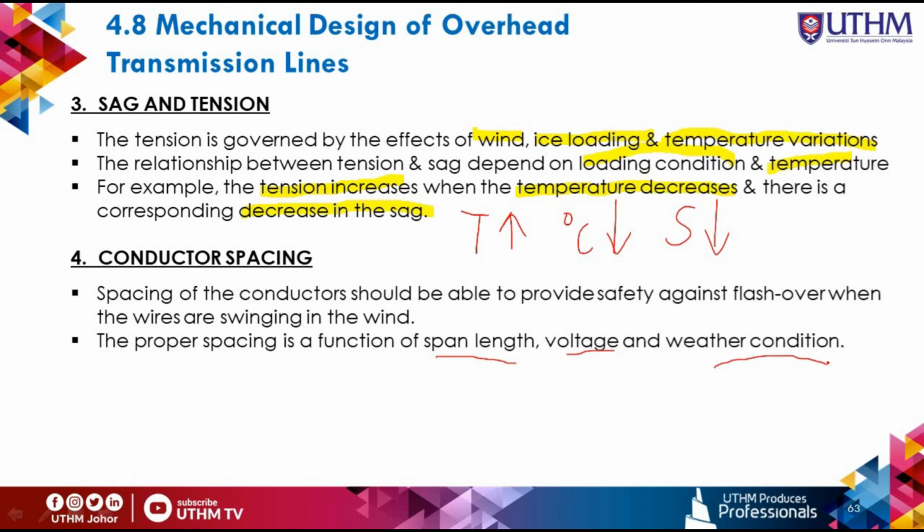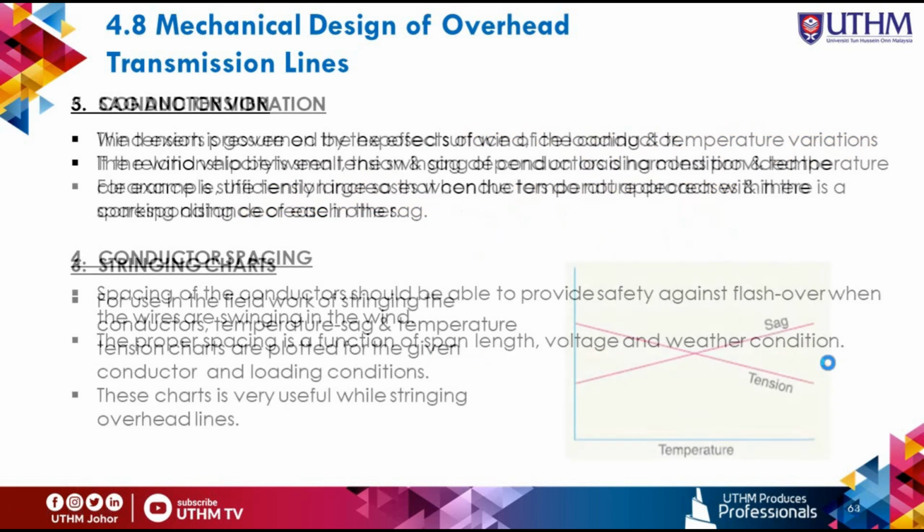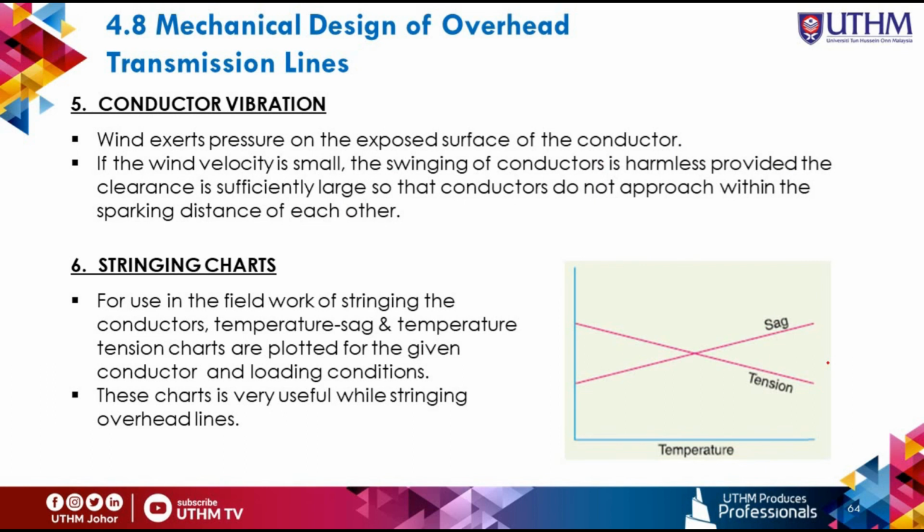The use of horizontal spacing eliminates the danger caused by unequal ice loading. Small wires or wires of light material are subjected to more swinging by the wind than heavy conductors. Therefore, light wires should be given greater spacings.